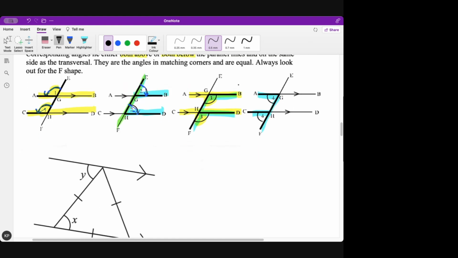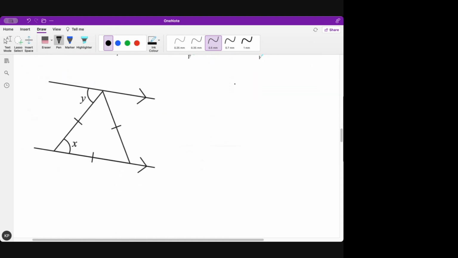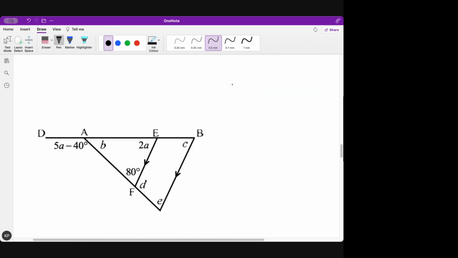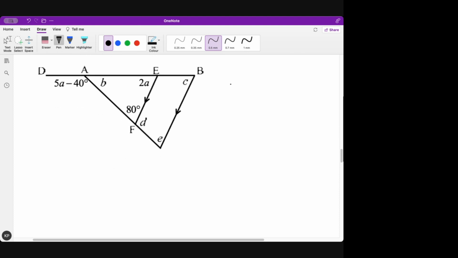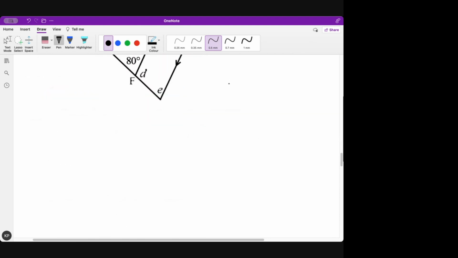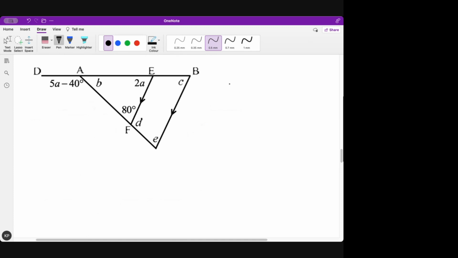Okay, so let's see if we can apply this. I'm going to go back to this one. It is a very special one. Let's see. So we have a bunch of variables over here. That's going to make everyone nervous, I know. But my advice is start with what you know. Which angle do we know for sure?